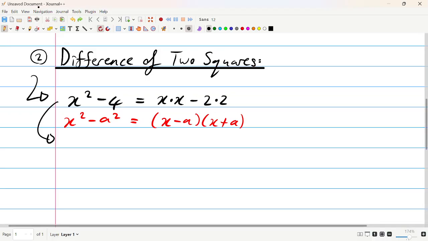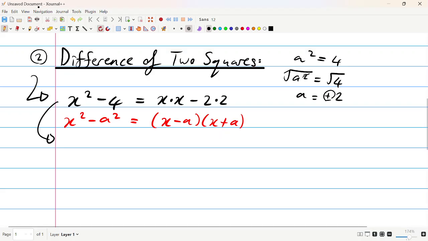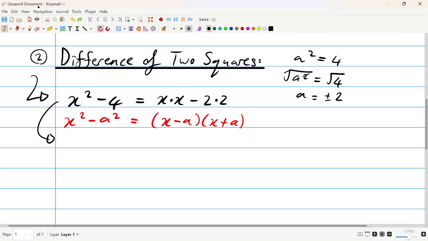And if you want to solve for a, you can always say a squared is equal to 4, and then you take the square root on both sides. Then we'll have the square root of a squared is equal to the square root of 4. And because we don't work with absolute values in high school, we can just say they cancel out, and we'll be left with a is equal to plus minus 2. In this case, we are just going to choose the positive for this one.